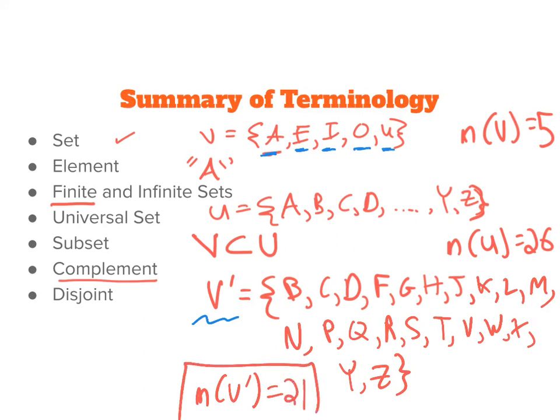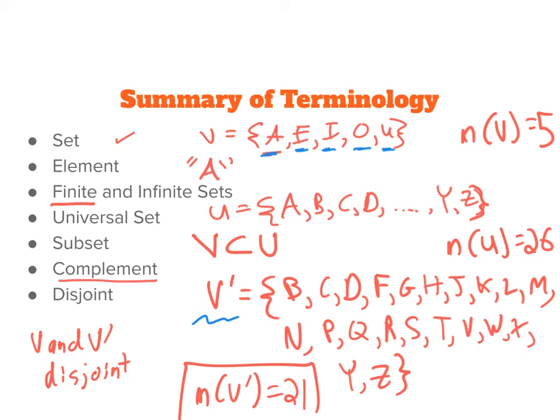Last one is disjoint. Two things are disjoint when they have no elements in common. So in this particular example, V and V prime are disjoint. In fact, you will always find that a set and its complement are disjoint, that they don't have anything in common. But sets can be disjoint and not be complements.